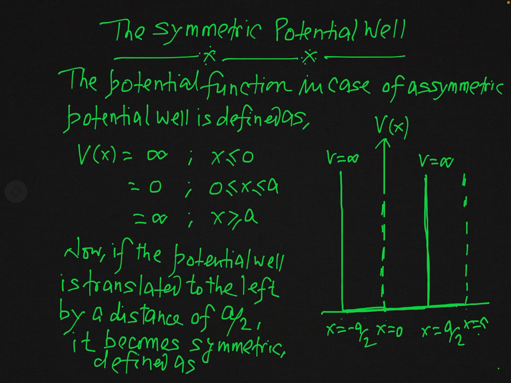Now in this condition, you can easily see how the potential distribution is defined. From this figure it is clear that in the region between x equal to minus a by 2 and plus a by 2, the potential function is 0, but beyond this region the potential function is infinity.